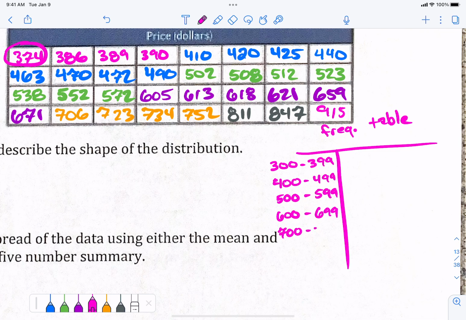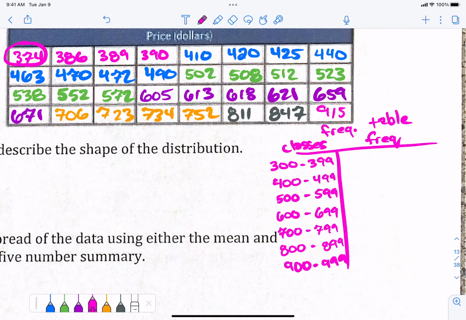This is the pain in the butt part. 800 to 899. How many classes are we gonna have? A couple. Not as many as we would have if we had done the 50s, right? We're going by hundreds instead of going by 50. So we've got 2, 4, 7. 7 classes. This is classes. And then this is going to be frequency, which means how many in each.